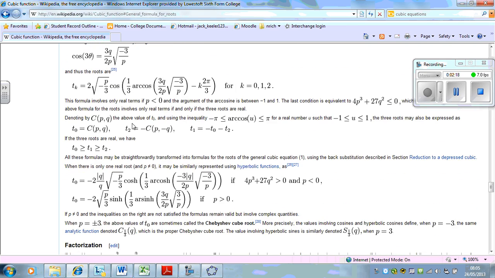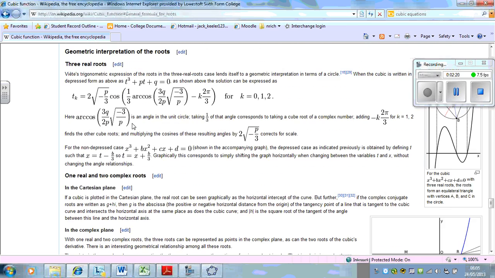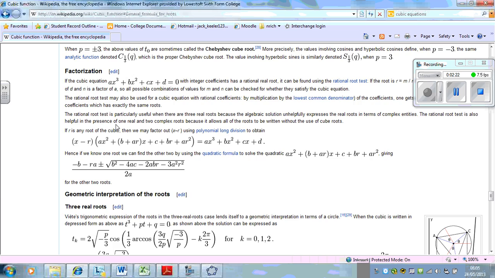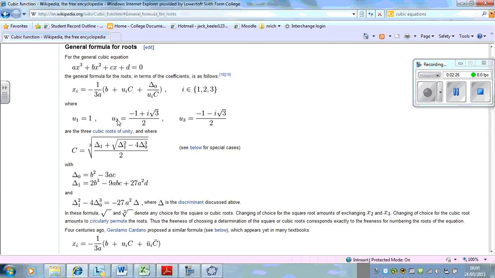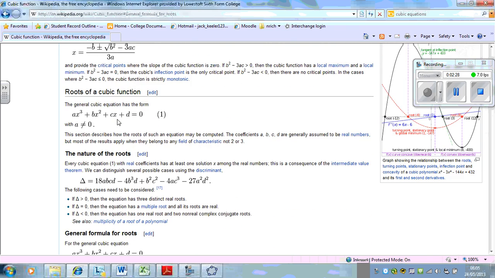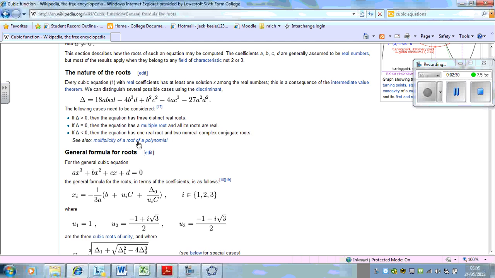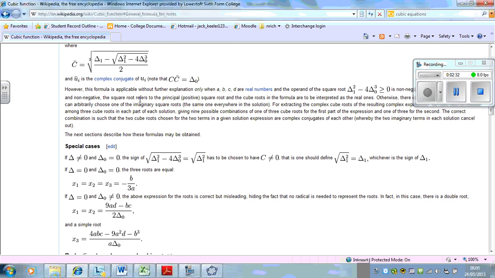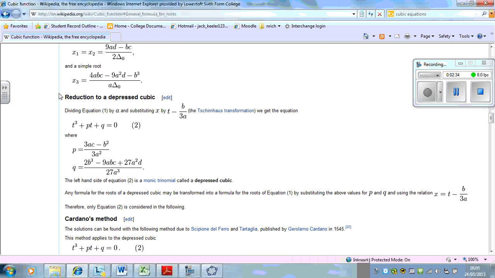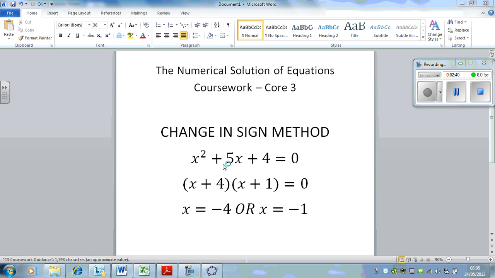There is a formula for it, but I can't quite see it on here. It's a very big formula, and it's not often very useful to use. You can see here it's quite a reduction to a depressed cubic. I never knew cubics could be depressed, but we've got a problem basically when the power of the equation is higher than 2.